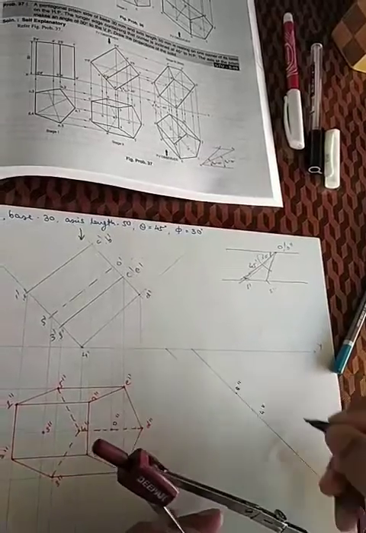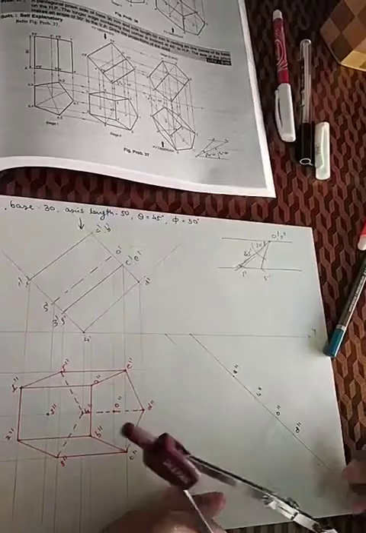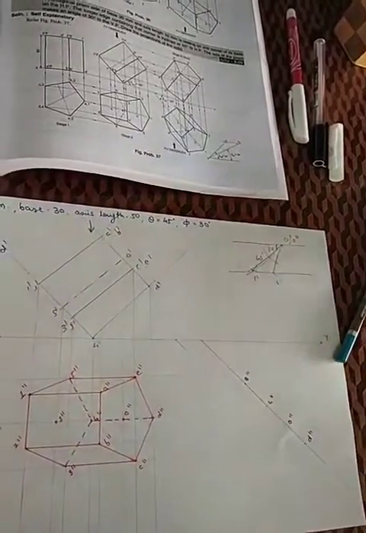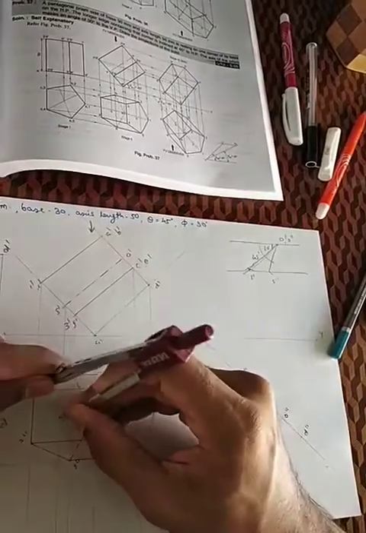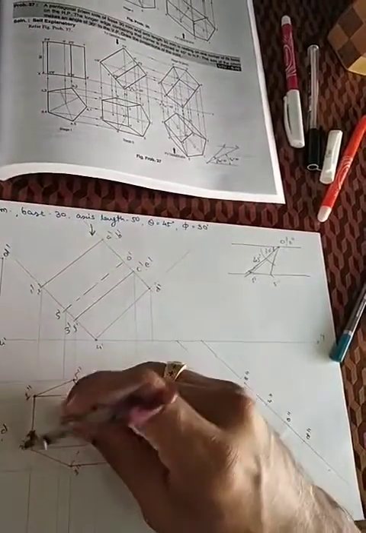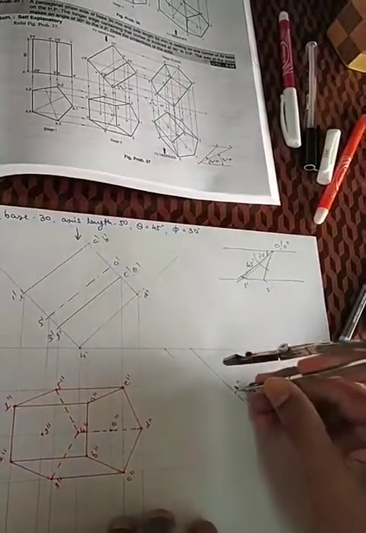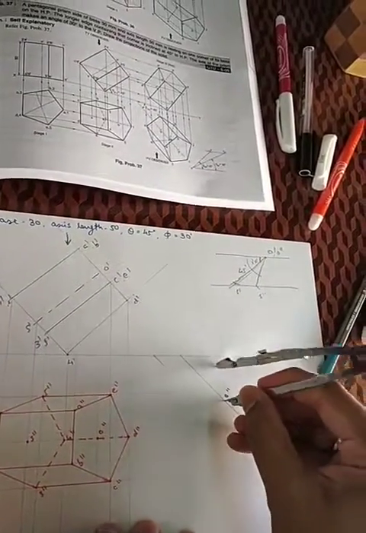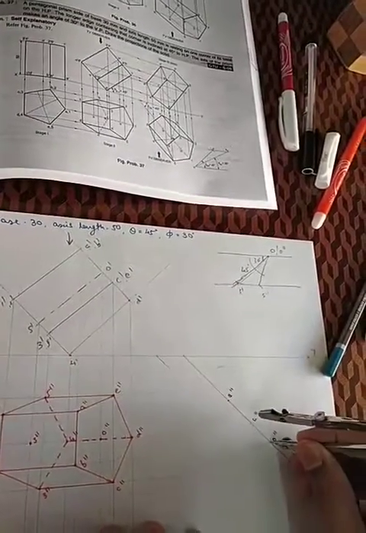So you have 4 double dash, O double dash and D double dash. Right, now you know 2 points, and from those 2 points you can get any number of points. So let's say S to 1 is the same, S to 2 will also be the same. Similarly O to A is the same, O to B will be the same. So from S I am marking that point, right, from O.